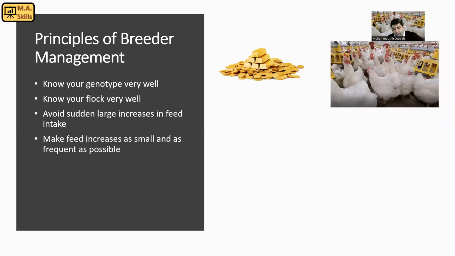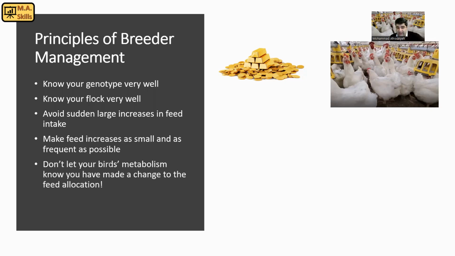Next point. As I mentioned, make feed increases as small and as frequent as possible. It means that don't let your bird's metabolism know you have made a change to the feed allocation. By following steady and small changes in feed allocation and body weight gain, I mention this a lot because it's really important.